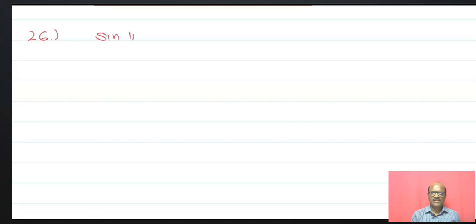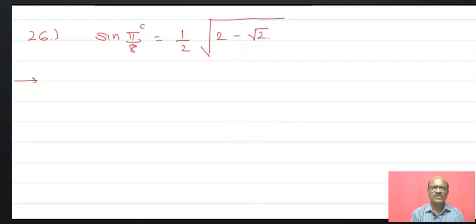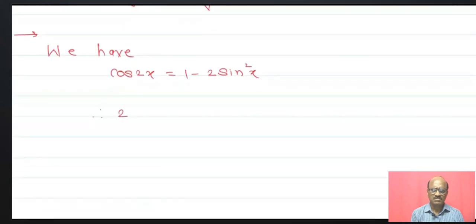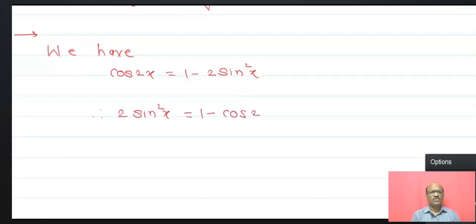Example number 26. Sine of pi by 8 radian is equal to 1 upon 2 times the root of 2 minus √2. We have cos of 2x is equal to 1 minus 2 sine square x. Now we have different formulas for cos of 2x.